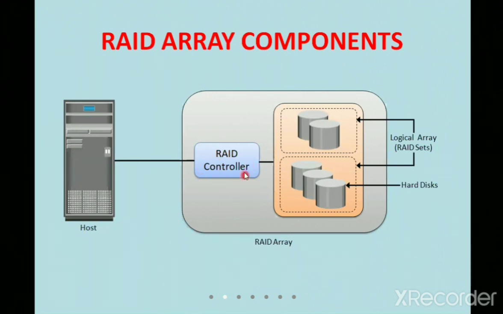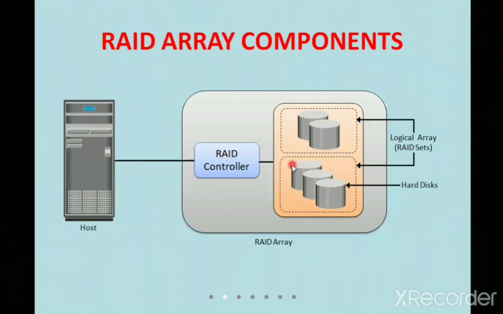Remember, when I say controller, it is programmed and involves the functions by which data has to be transferred from the particular host. You can see this is a hard disk, this is another hard disk, a third hard disk, then another. This particular set of hard disks acts as our RAID set, which means it is a logical array where the data has to be transferred.